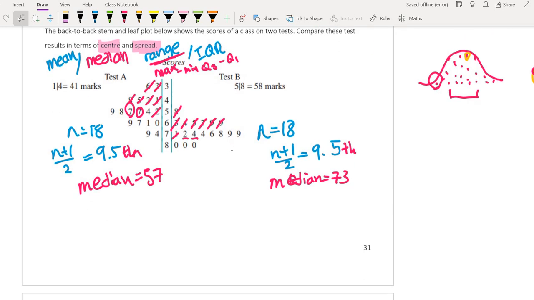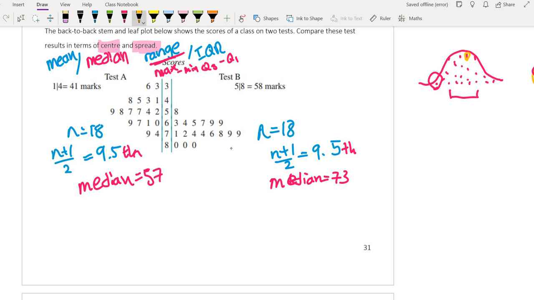Okay, and then we'll do range now. Range is a lot quicker. And again, we can use range here because the data is symmetric. If it was not symmetric or it had outliers, we'd have to use IQR. So range here is just the lowest and the highest, and take them away.